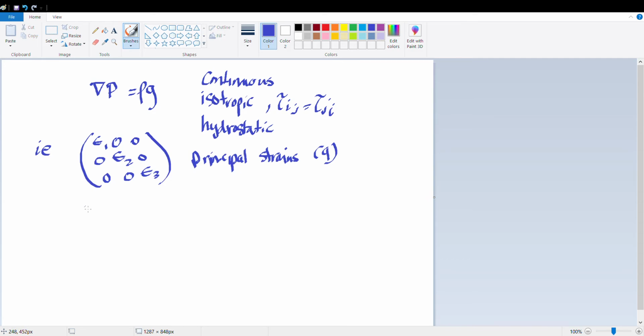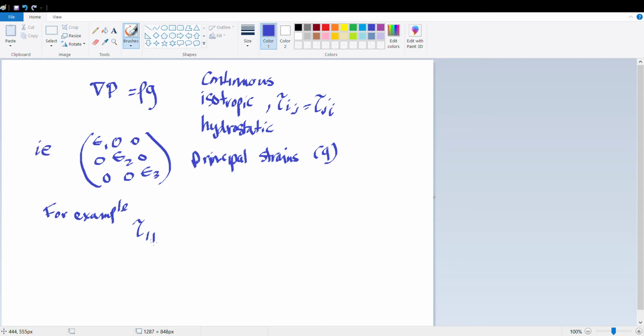And say, for example, we have tau in the 1,1.